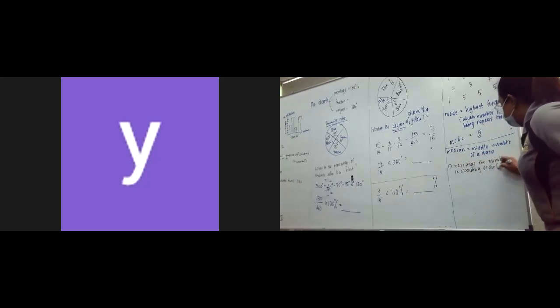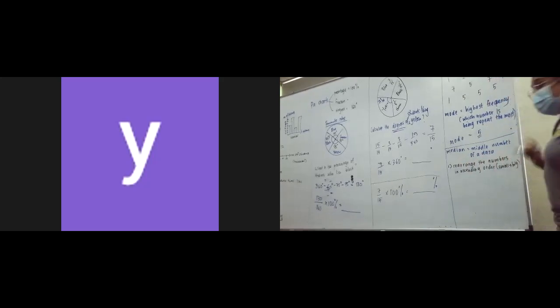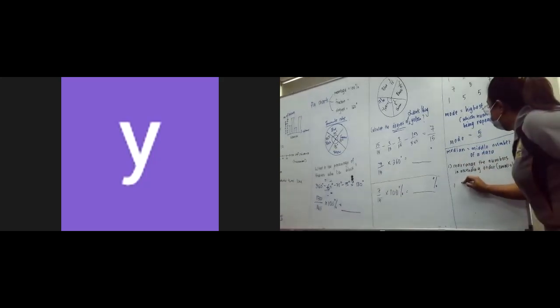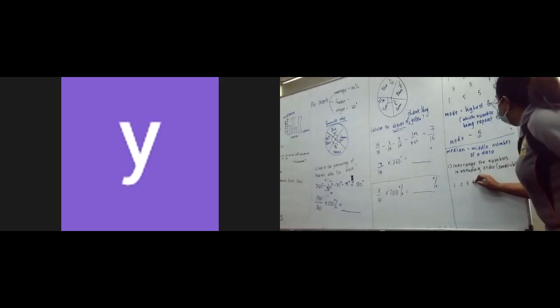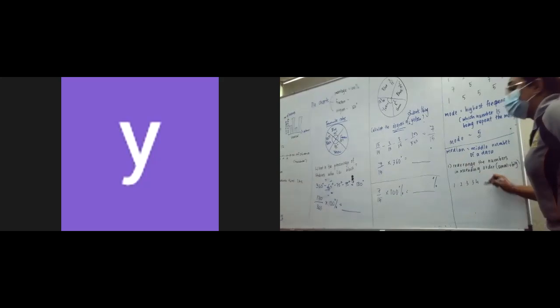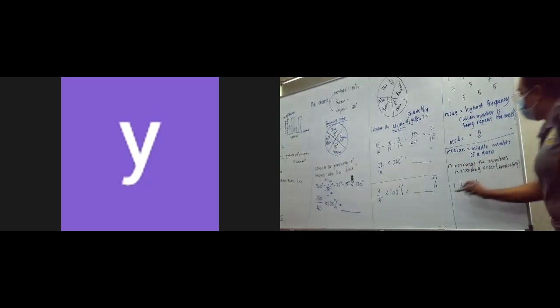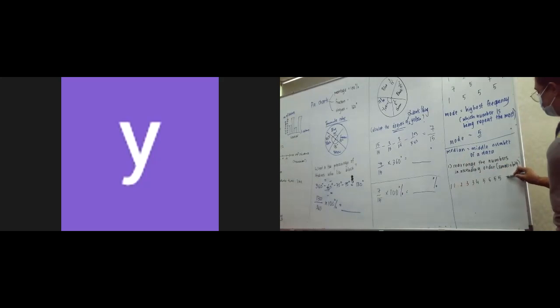From small to big. Let's arrange: 1, 1, 2, 3, 3, 4, 5, 5, 5, 7, 7, 7. Correct? So this is your data.